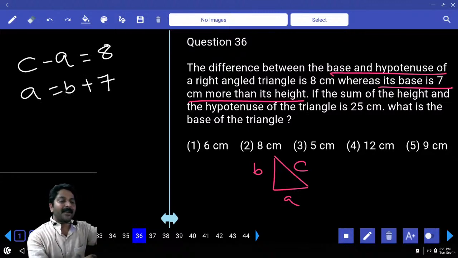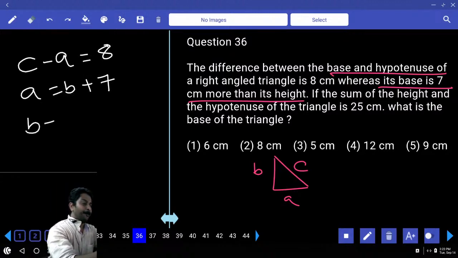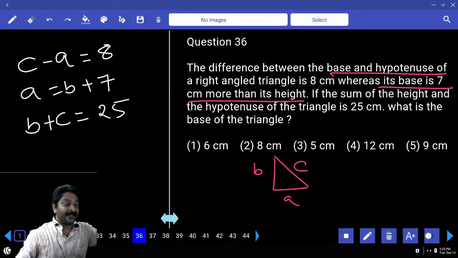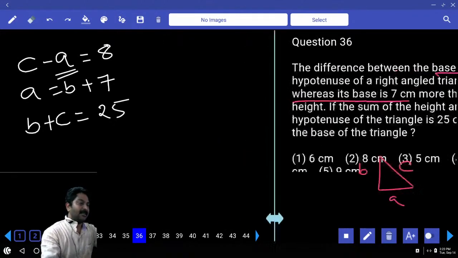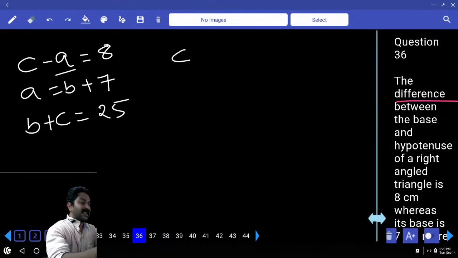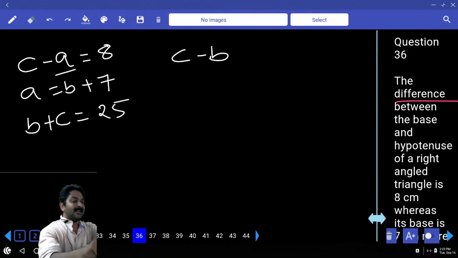Next, sum of height and hypotenuse, that is B plus C, is equal to 25. Now, in place of A, we can write B plus 7. Then the equation becomes C minus B minus 7, and 7 goes to the right hand side and becomes plus 7. 8 plus 7, 15.